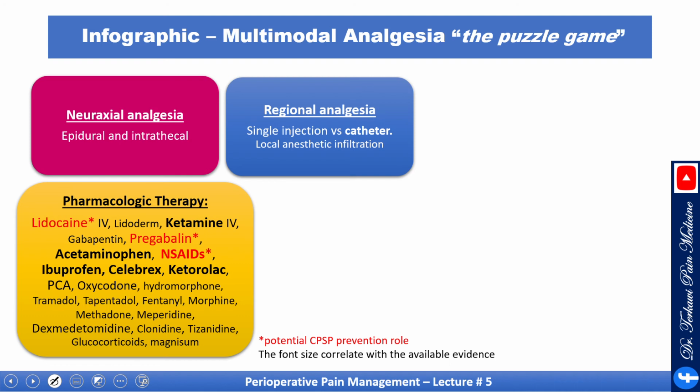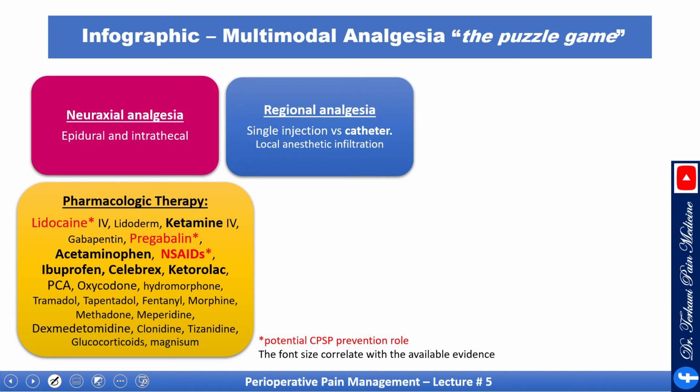So everything inside this box was covered in the previous lectures, mainly lectures 2 and 3. Notice I bolded some of these medications, which are highly recommended based on the available evidence, and the size also correlates with the evidence that I found supportive for this medication.